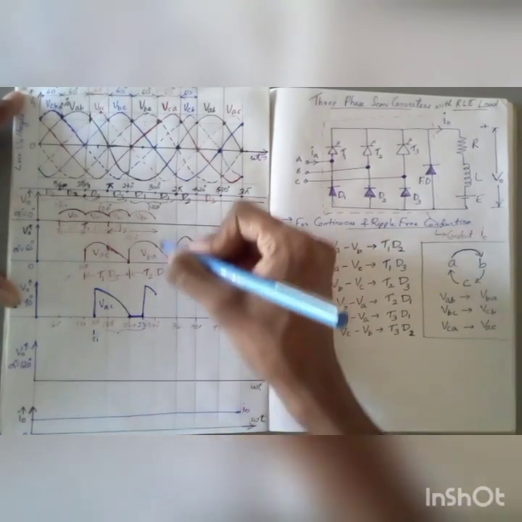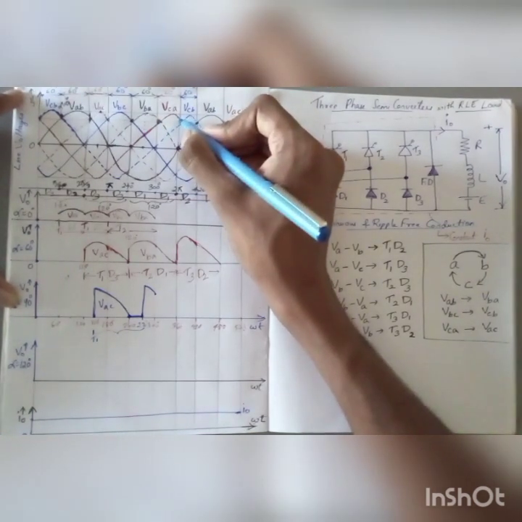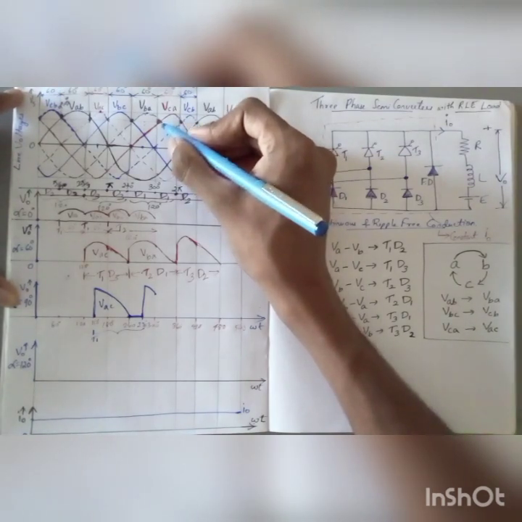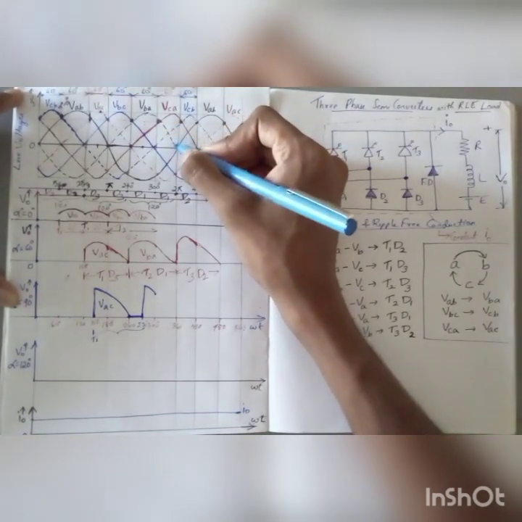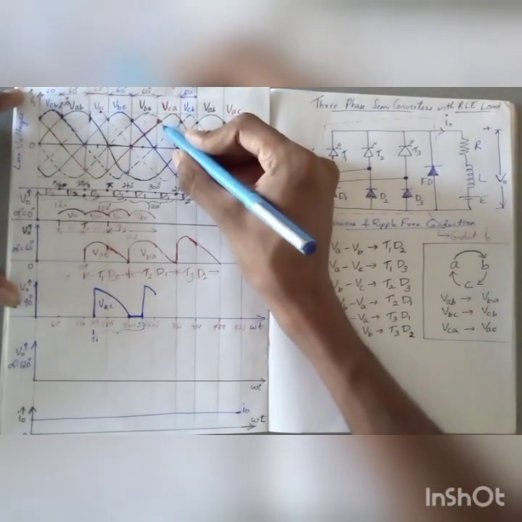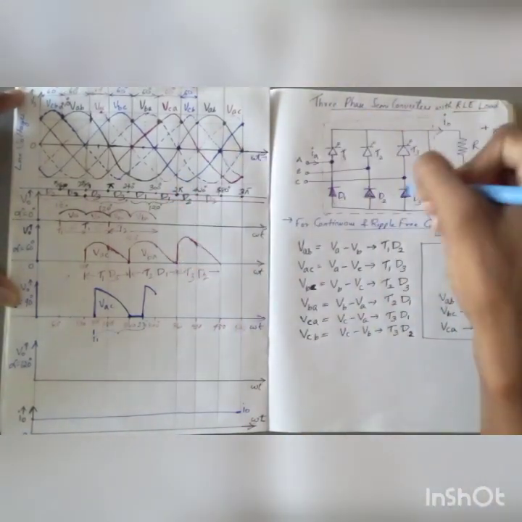Then at 300, the voltage has become VCA, but my T2 is already in conduction state and it hasn't completed 120 degrees. So T2 will continue in conduction mode, and during this time D1 will be conducting.